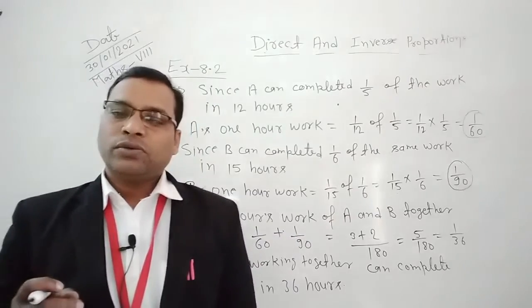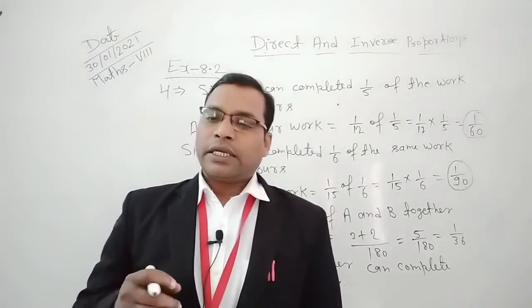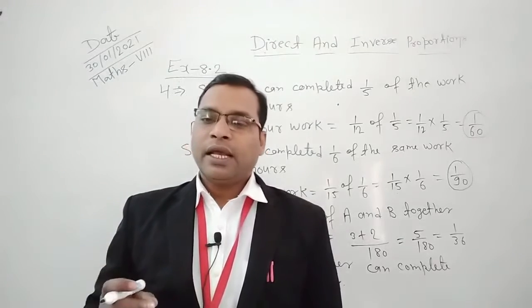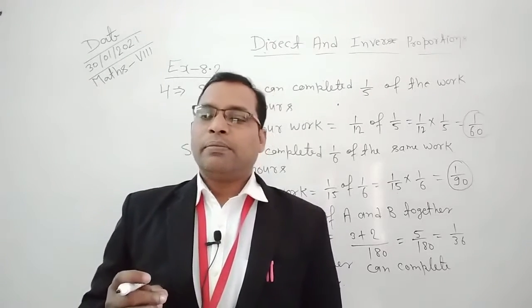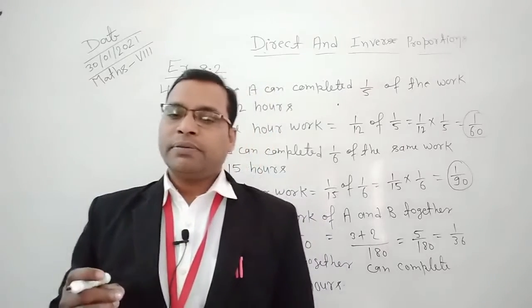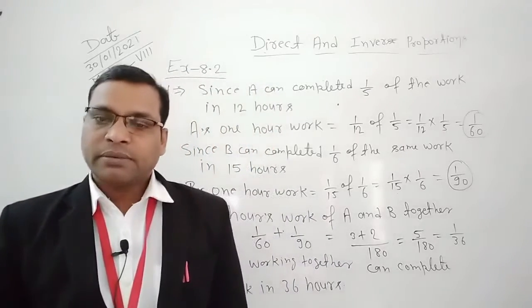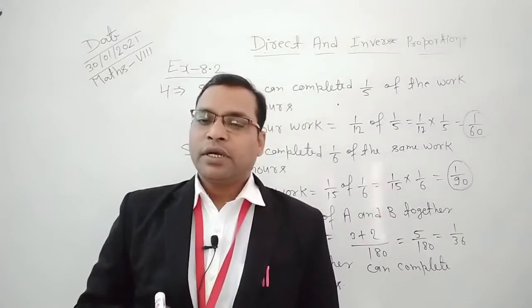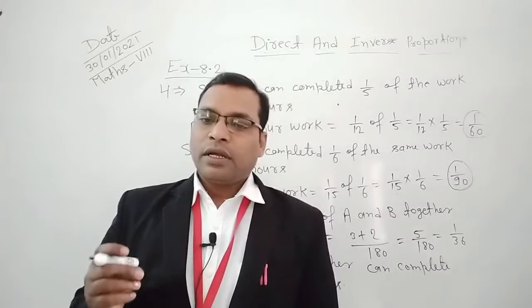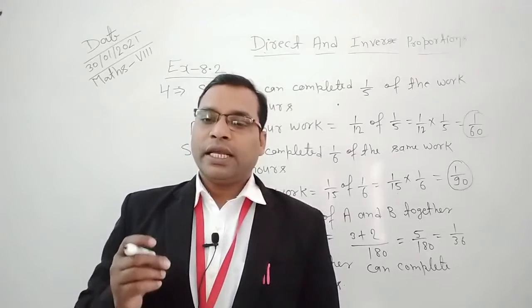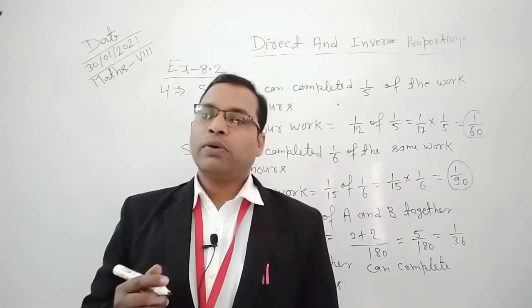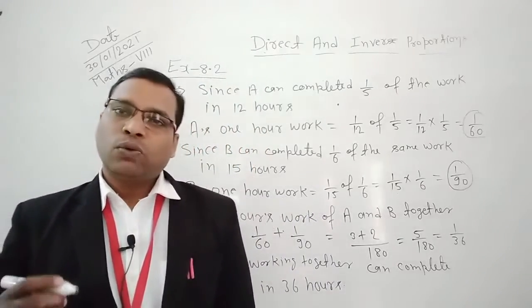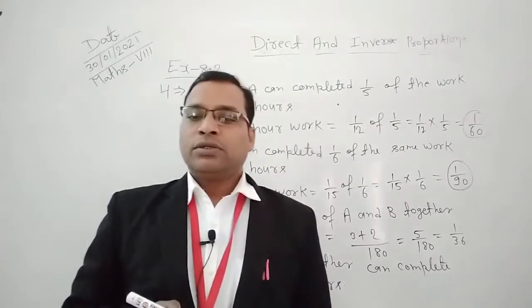Okay, so the 3 by 5 work is completed only by A. A alone can dig the pond in 30 days, this is given. So A's 1 day work is equal to 1 upon 30, because A completes the whole work in 30 days.